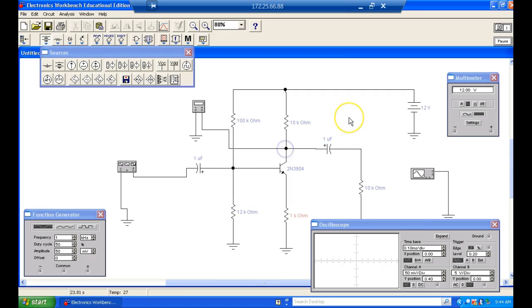Let's see what's going on. So here we have 12 volts. We expected that, right? Transistor's cut off. And something's going on with our simulation because it's measuring 4 volts there. I don't know where the 4 volts is coming from. I think something's wrong with the simulation. There's going to be a voltage there, but it's going to be really low, right?